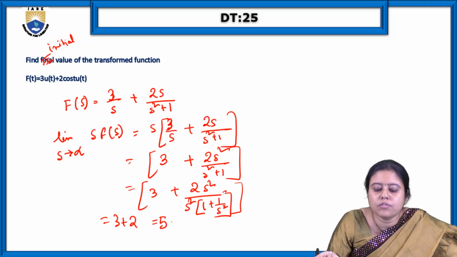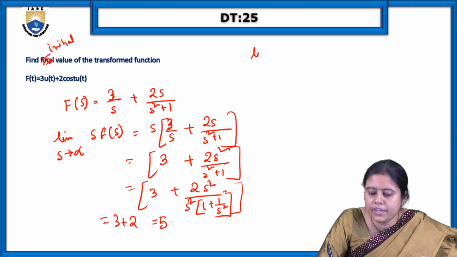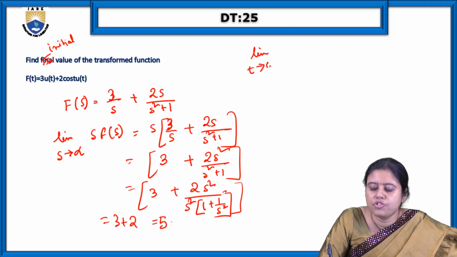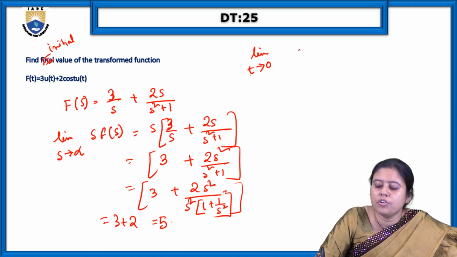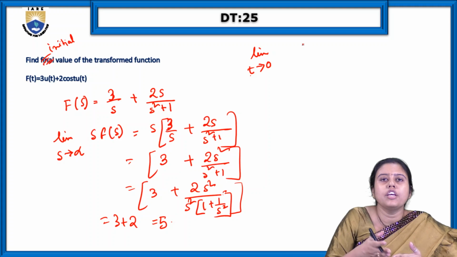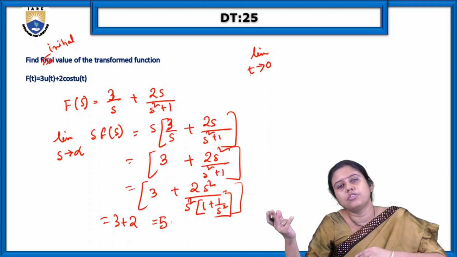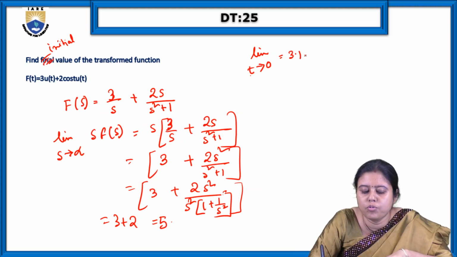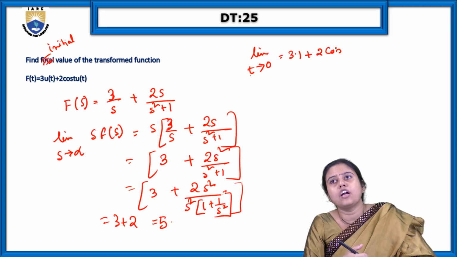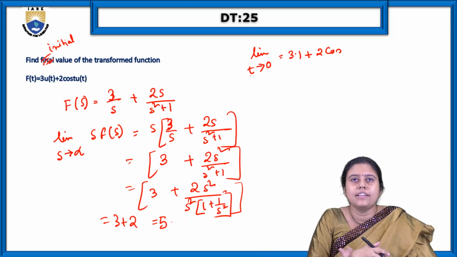We can show this also according to the limit t tends to 0 in the time domain. We know what ut is. The value of ut for t greater than or equal to 0 is 1. So 3 ut is 3 into 1, plus 2 cos t ut. What is the meaning of ut? It exists only on the positive side; on the negative side it is 0.